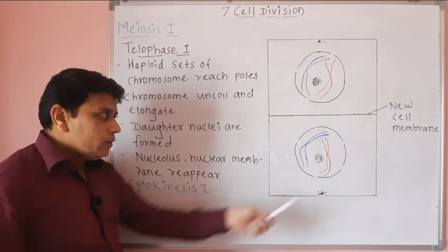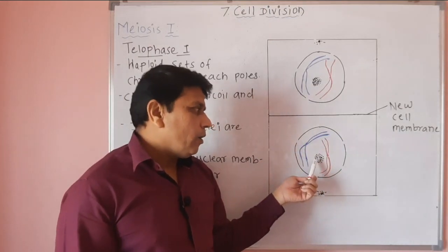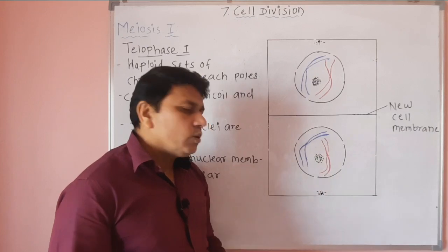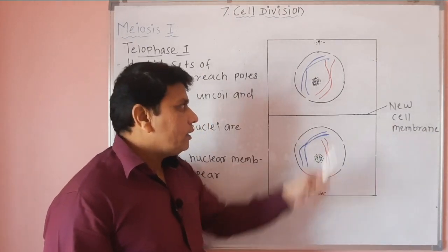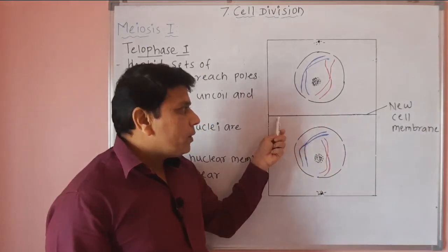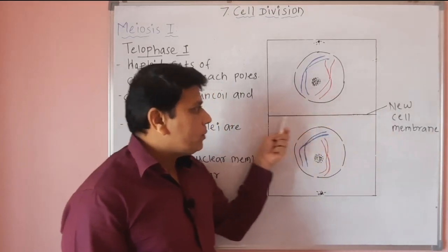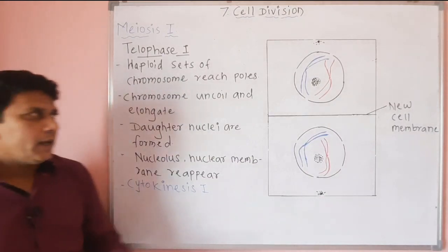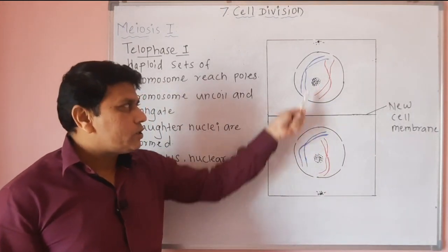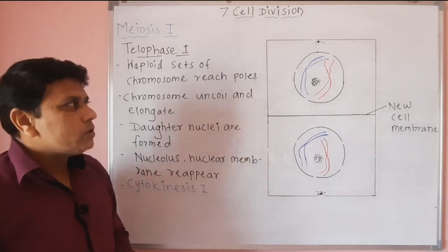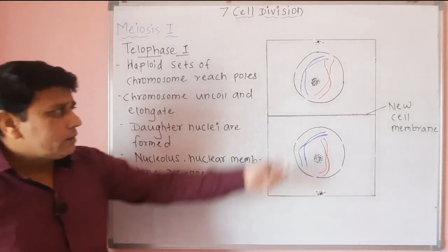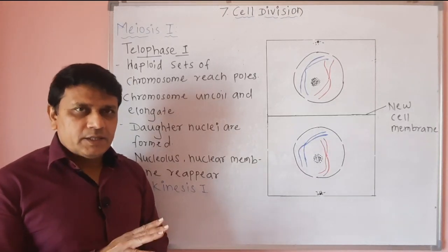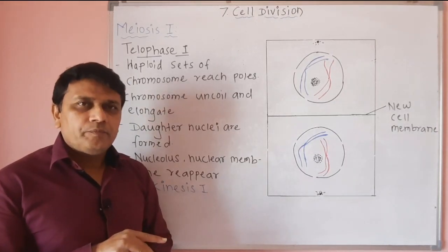Similarly, the nuclear membrane of the nucleus develops. Then the nucleolus also reappears and a new cell membrane is formed, and two new cells are produced, and these two new cells show the presence of two daughter nuclei. These cells are not similar to the parent cell in chromosome number.